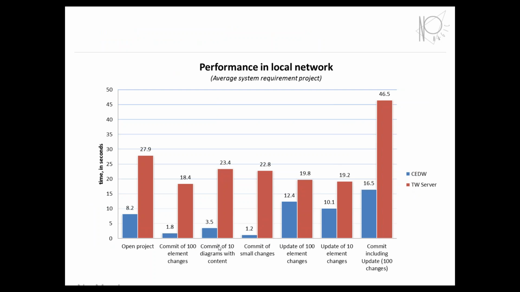And as you can see, the biggest difference is actually committing the updates, because the teamwork server updates were committed like a file base, so that means the whole project should be committed. And in the new server we are committing only the changes. So, as it's called, we are sending the delta changes only to the server, and this is a really big improvement on performance.